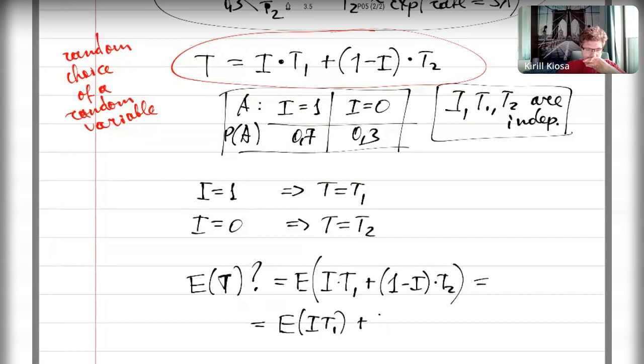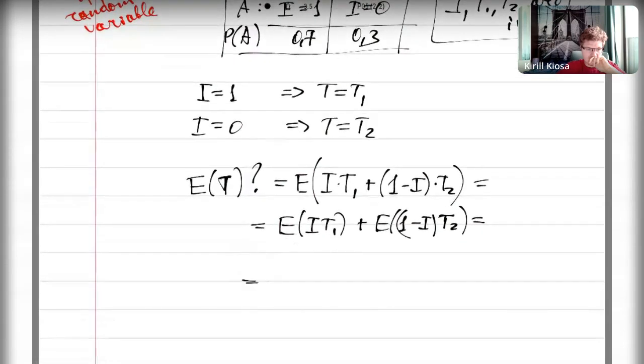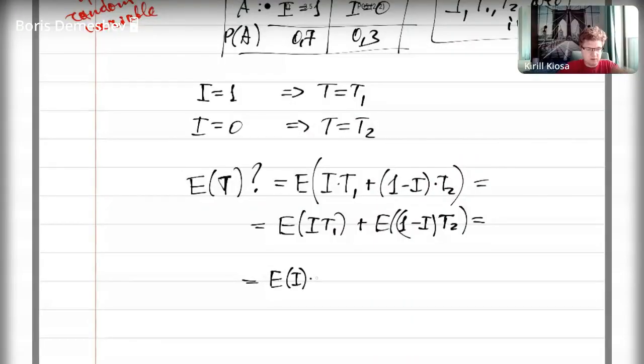That's very easy because expected values are linear, and even more, for independent random variables, the expected value of a product is a product of expected values. So it's expected value of I times expected value of T1 plus expected value of 1 minus I times expected value of T2.